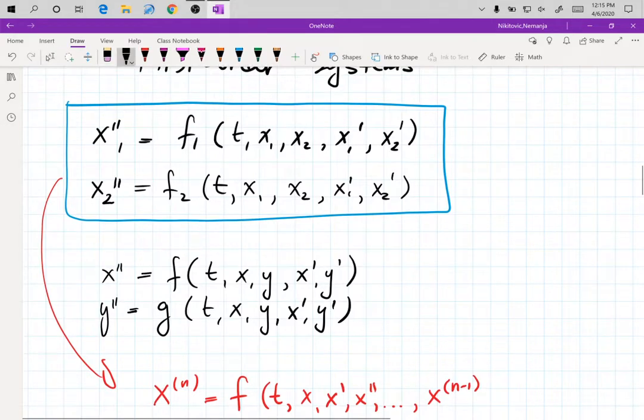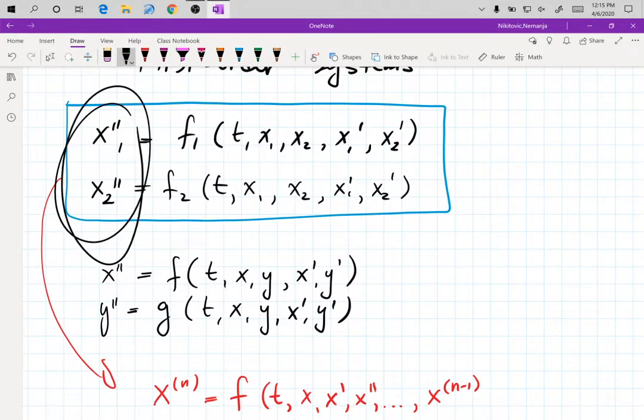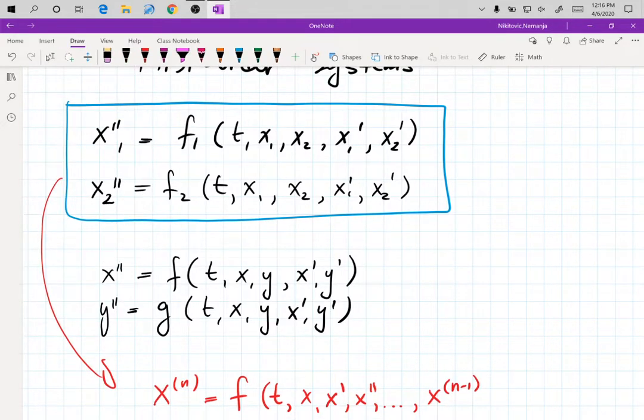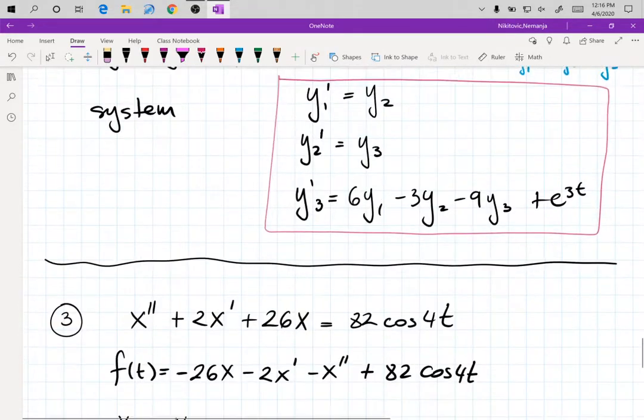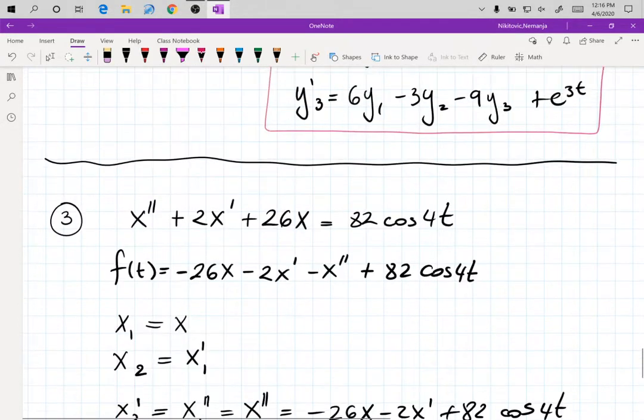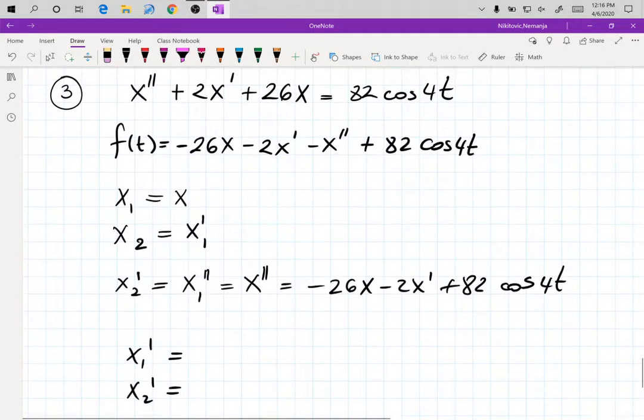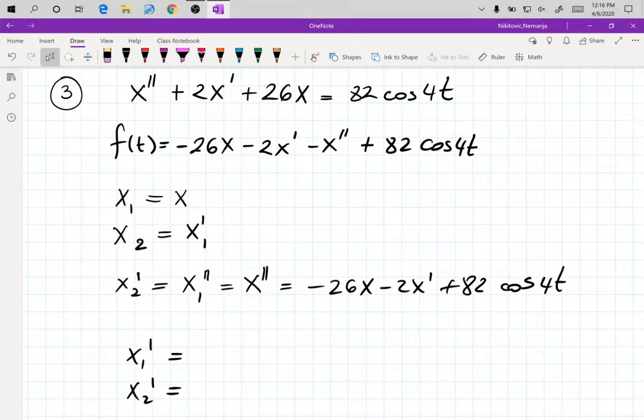Derivatives are equal to the blah blah blah, whether they're first or second or third or whatever derivatives they are. So when I go back to this problem, I define my new functions and then I just follow what they are.